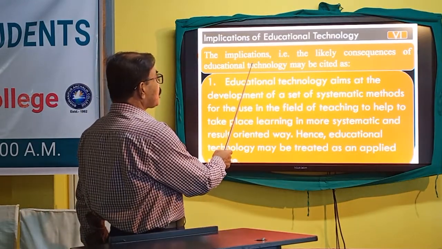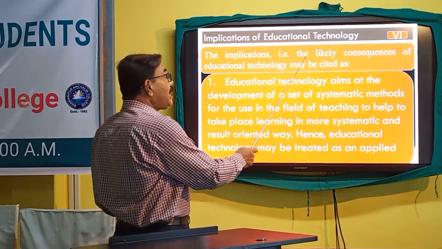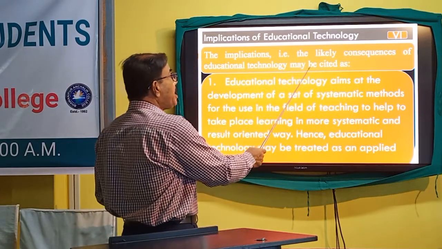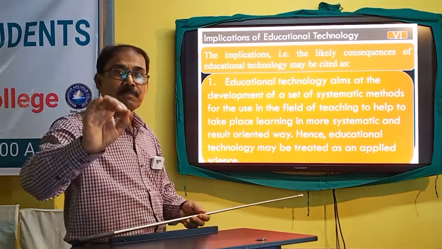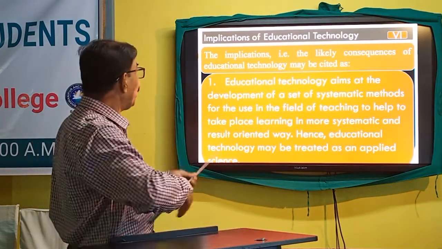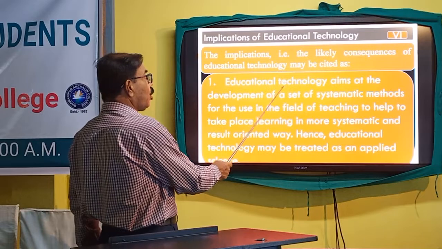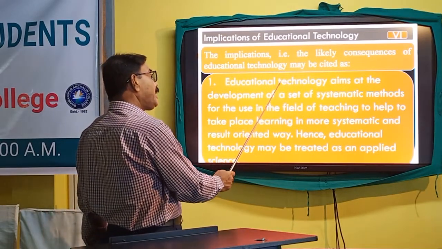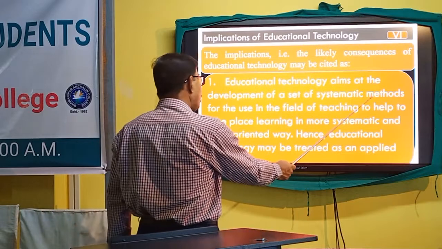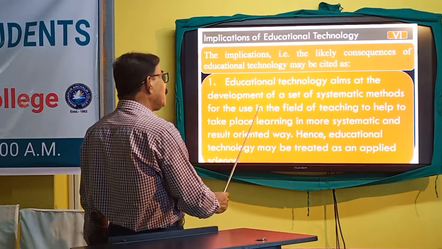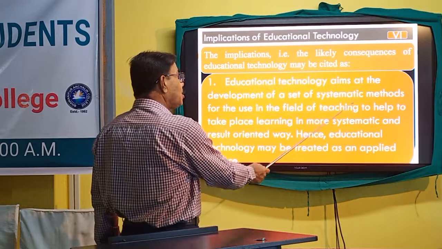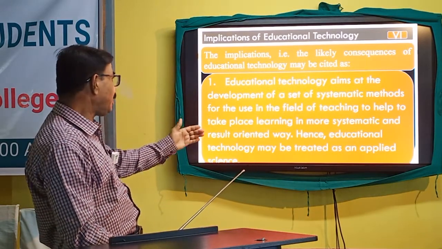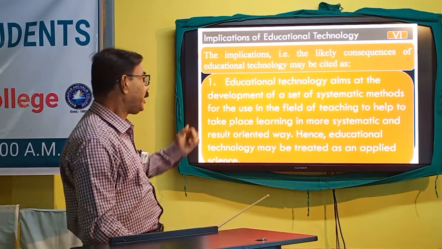The implications, that is, the likely consequences of educational technology, may be cited point by point. Number one, educational technology aims at the development of a set of systematic methods for use in the field of teaching, to help learning take place in a more systematic and result-oriented way.